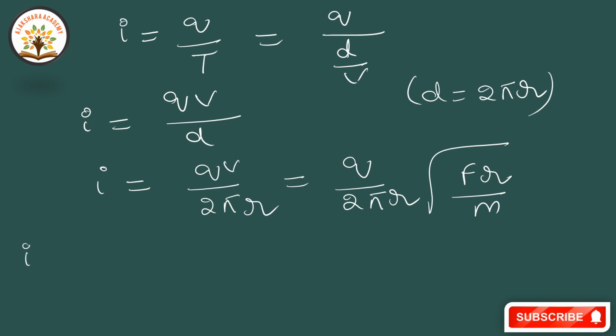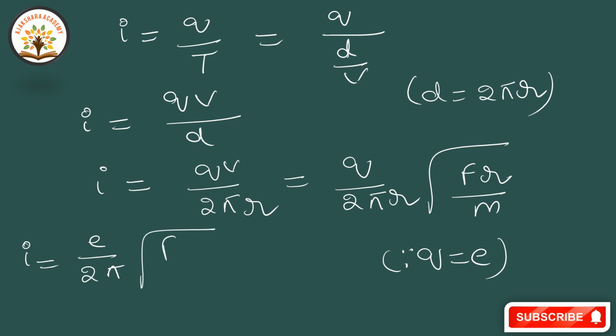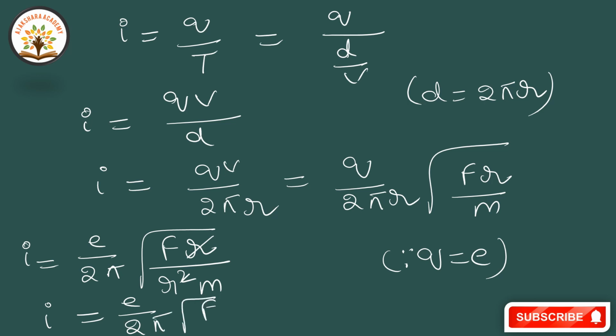Now I is equal to, here q is equal to e. So substituting, e by 2 pi times the root of F into r by m, where r can be written as r square under the root, so r gets cancelled. So the current I is equal to e by 2 pi times the root of F by m r.